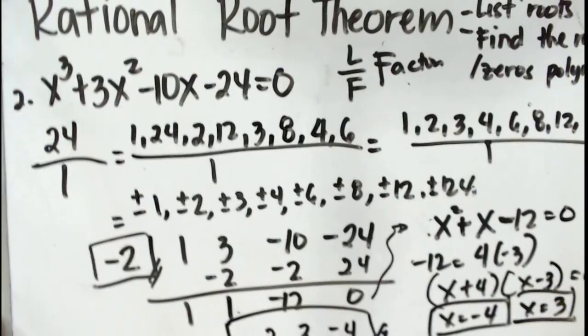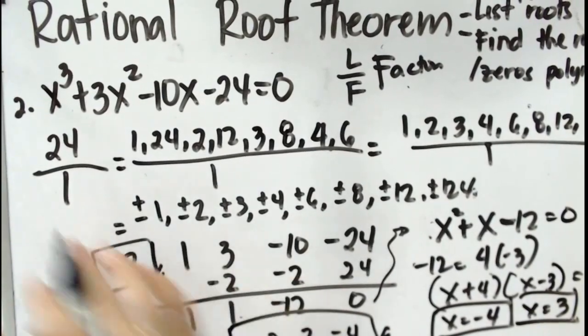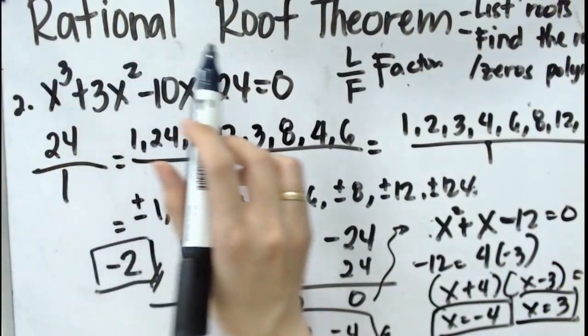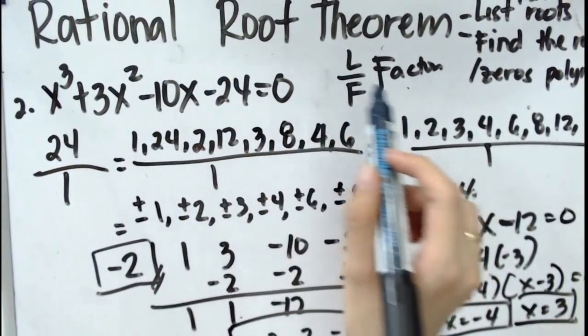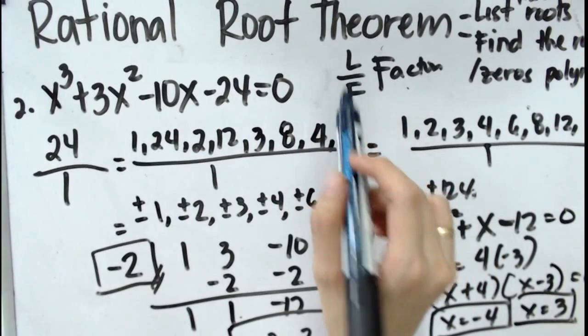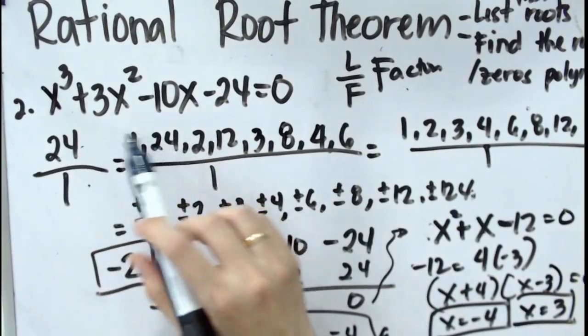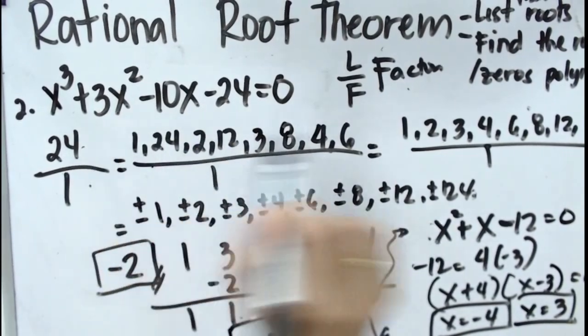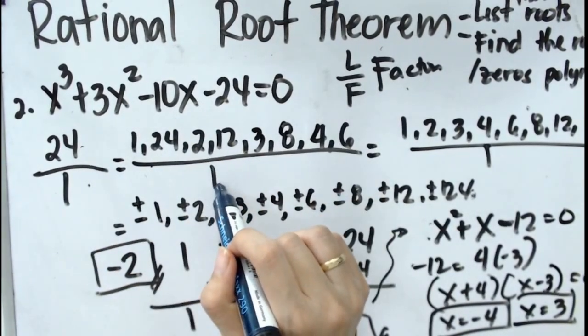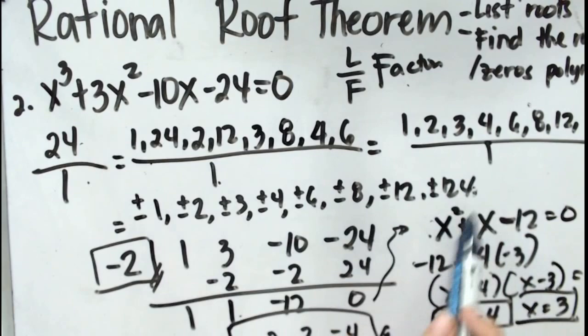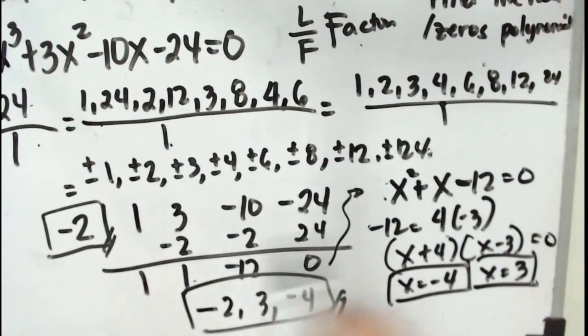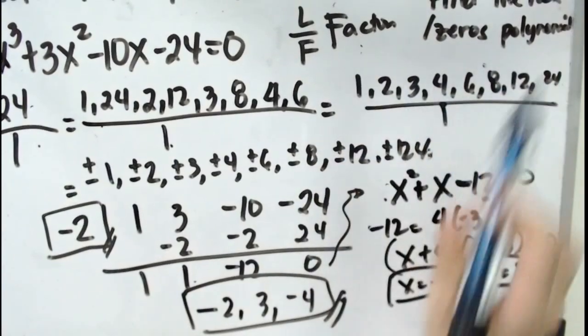Again, whenever we are dealing with this kind of equation, for us to be able to use the rational root theorem, we first get the last term over the first term. 24 over 1 gives the factors of the last term over the factors of the first term, and then we simplify, and then we look for the number that will make the remainder 0 because we're looking for the factors.